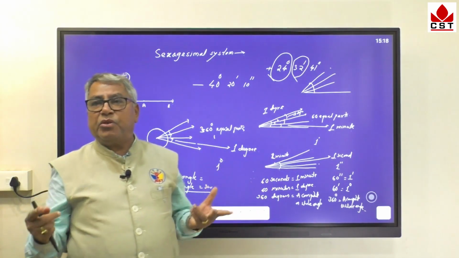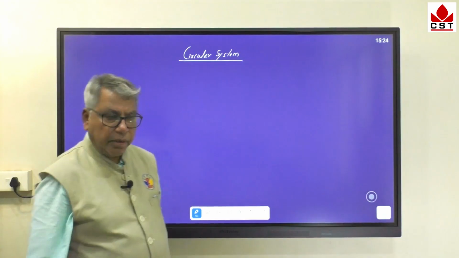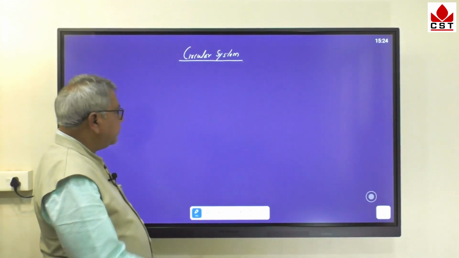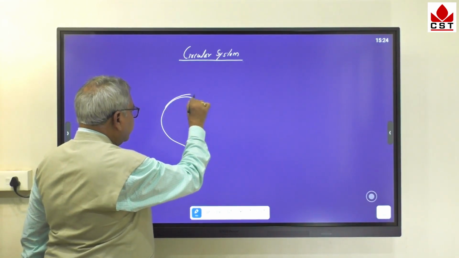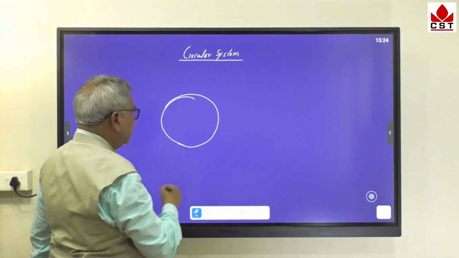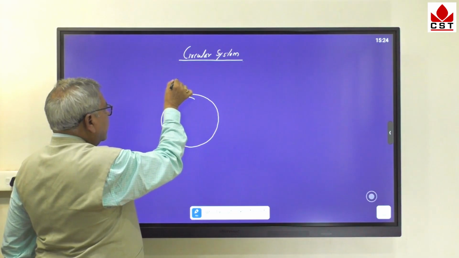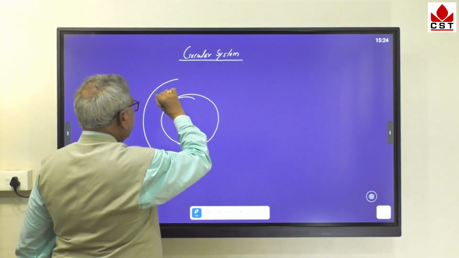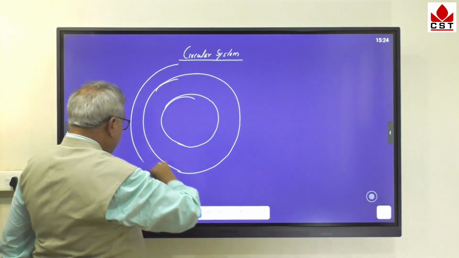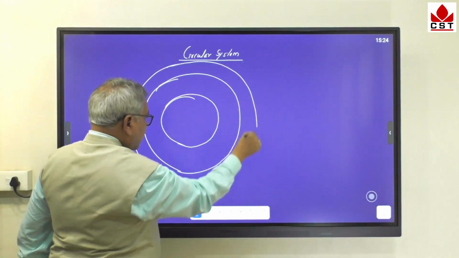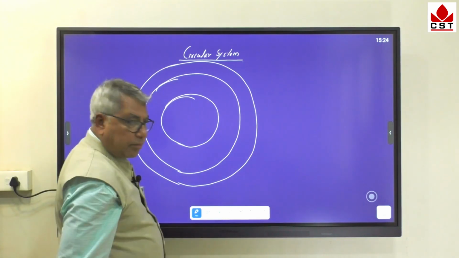Now the second system is called the circular system. It is observed that a circle is drawn here. So many circles are drawn.